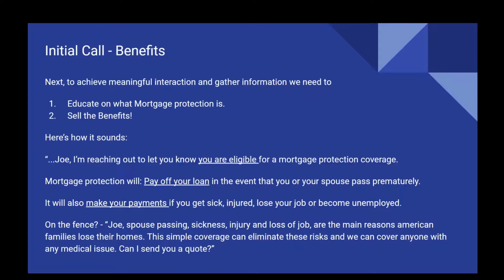Now, if they're on the fence, you can follow up with something like, "Joe, these are main reasons why American families lose their home. Now, this simple coverage will eliminate these risks, and we can insure anyone with any medical conditions." If they already have coverage, I would go the extra mile and say, "Hey, just because we work with all the major carriers in the US, we can shop around for a better price for you.